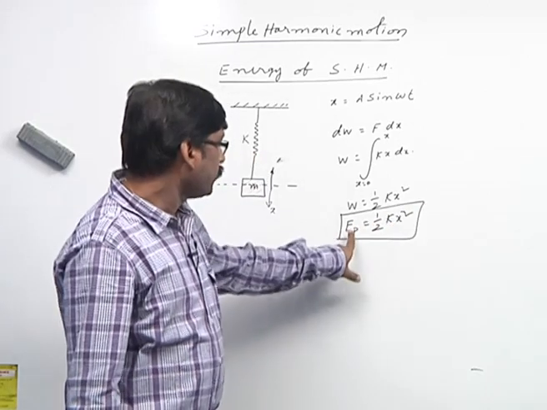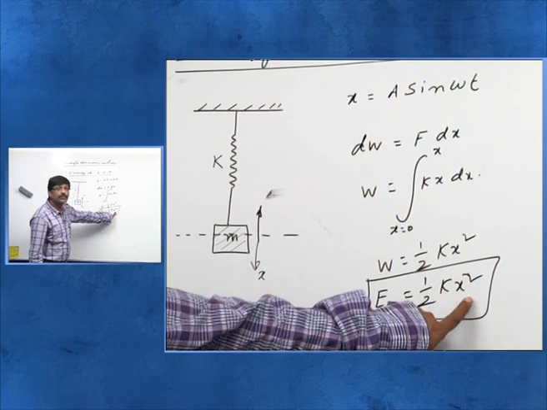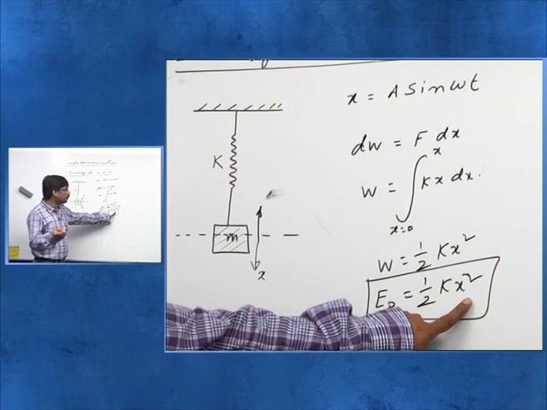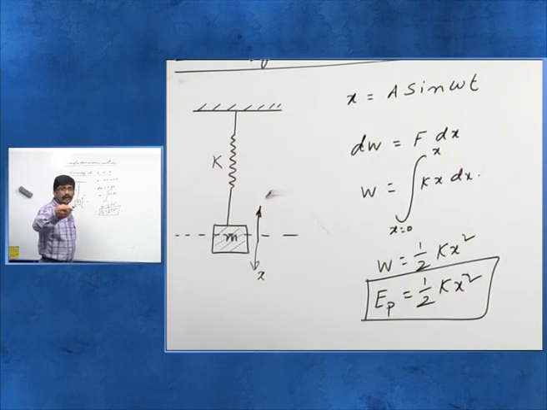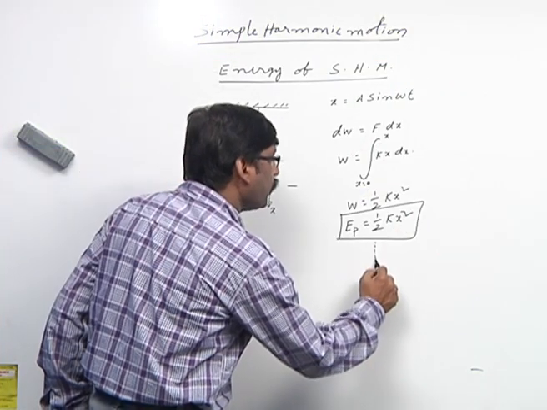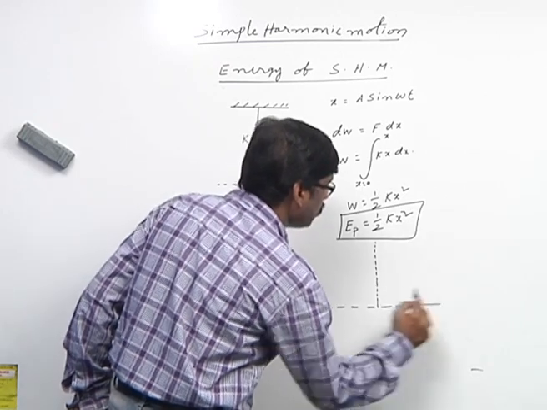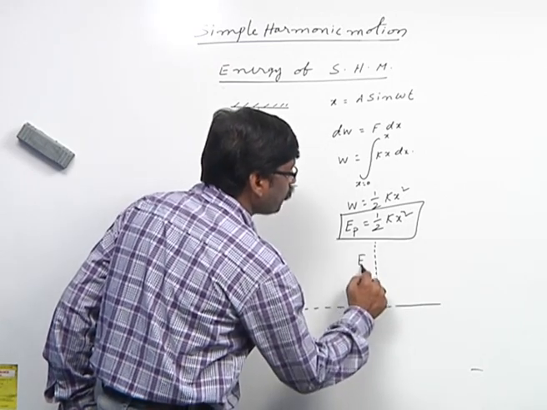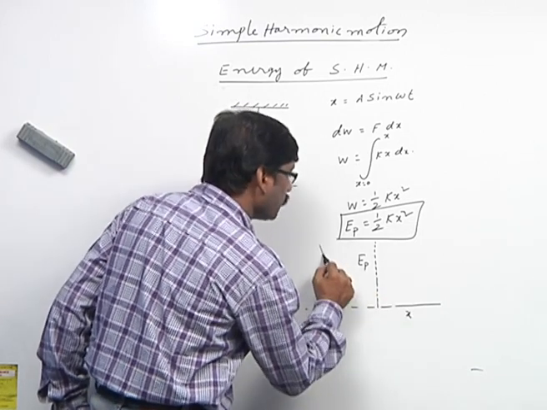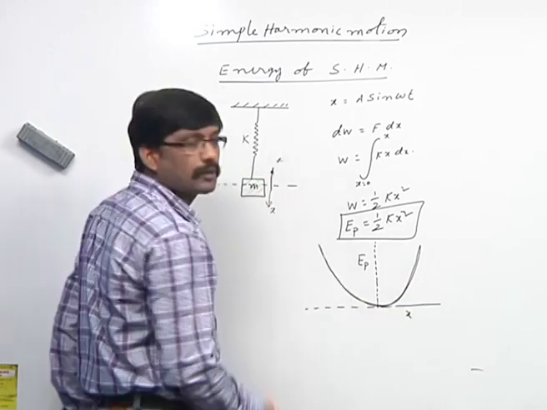So, again the potential energy is directly proportional to the square of the displacement. Again it is a parabola only. The difference between this parabola and the earlier kinetic energy parabola is that it is in exactly the opposite sense. If I plot potential energy versus displacement, I will get a parabola like this. Okay.